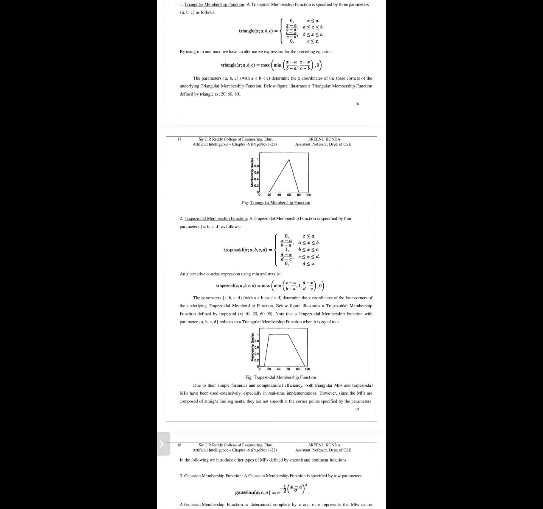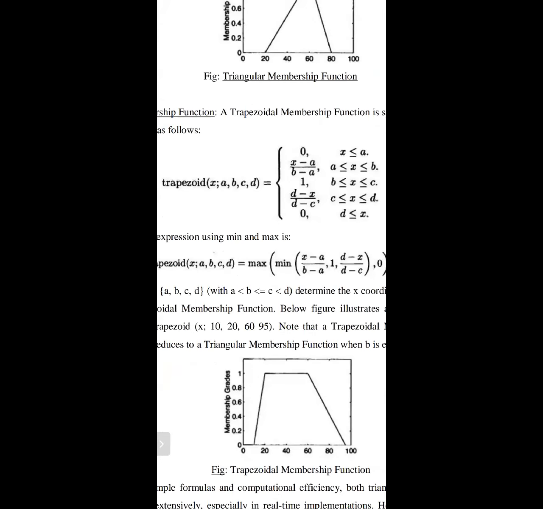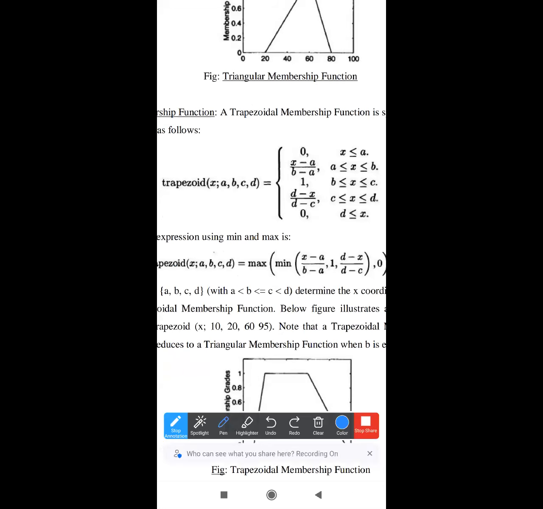Next, for the trapezoidal membership function, you have to remember one thing. The trapezoidal membership function with parameters a, b, c, d reduces to a triangular membership function when b is equal to c. So the condition here is a less than b less than or equal to c less than d.